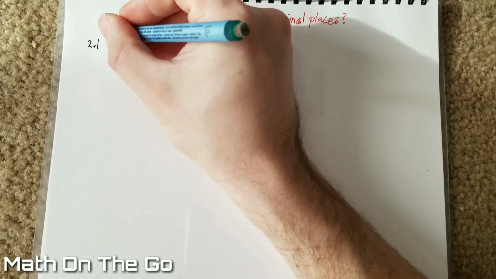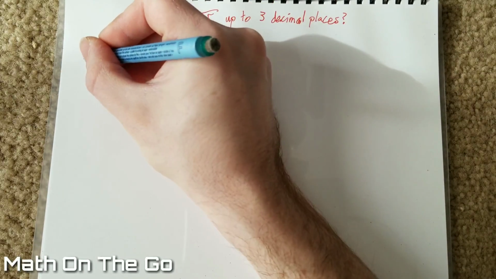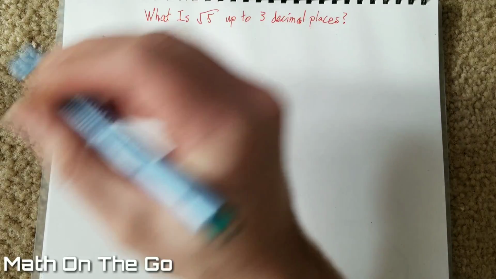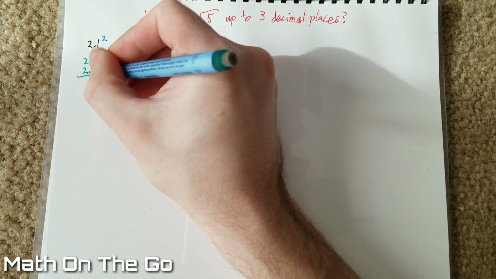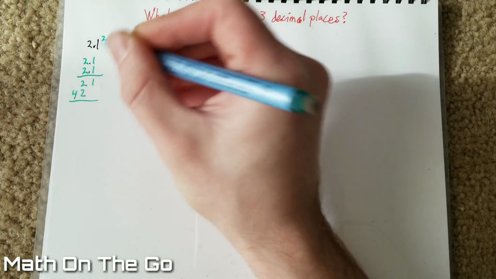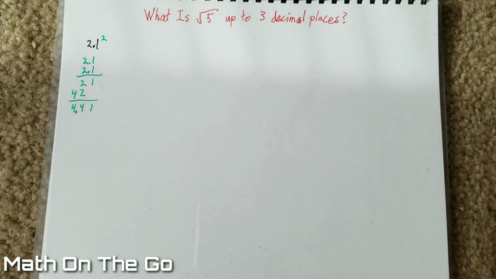Well, we square it. 2.1 times 2.1 gives us 4.41. That's close to 5, but not quite.